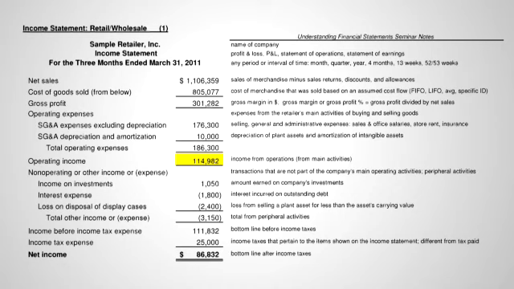Now that operating income means from operating our retail store, from our purchases and our sales. There's some other things that might be happening that are outside of the main operation. For example, I might have some extra money in the business that we invest. Well, that's not part of our main operating activities. That's kind of a peripheral activity, the accountants say.